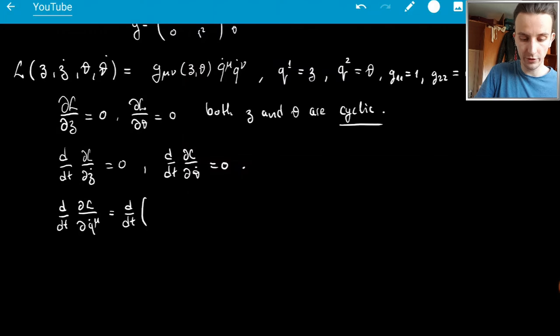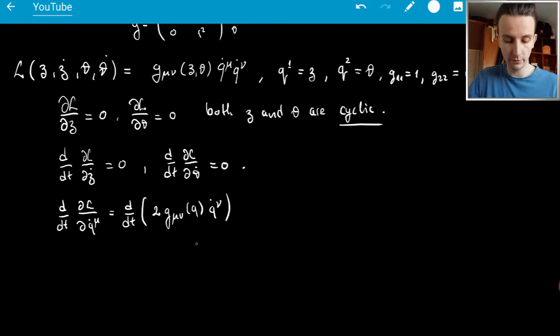Now I just differentiate. I'm going to get 2 of them because remember, I'm not differentiating with a particular index, but to all of them. So I'll get 2 g mu nu z theta q dot mu, where the mu index is summed over.